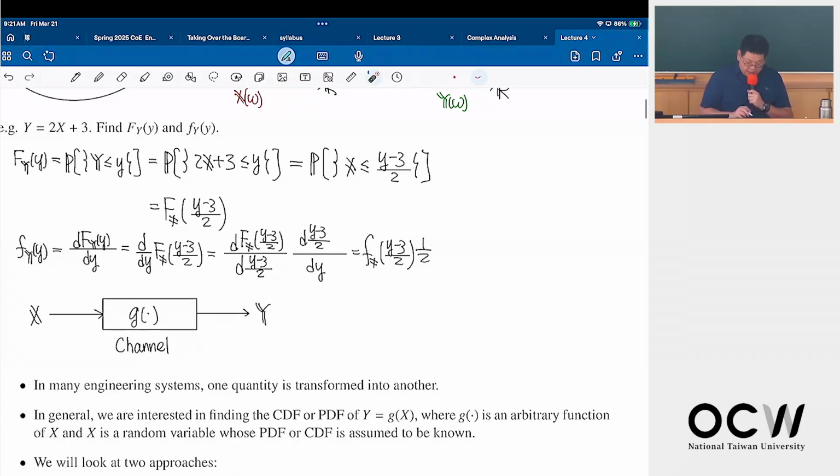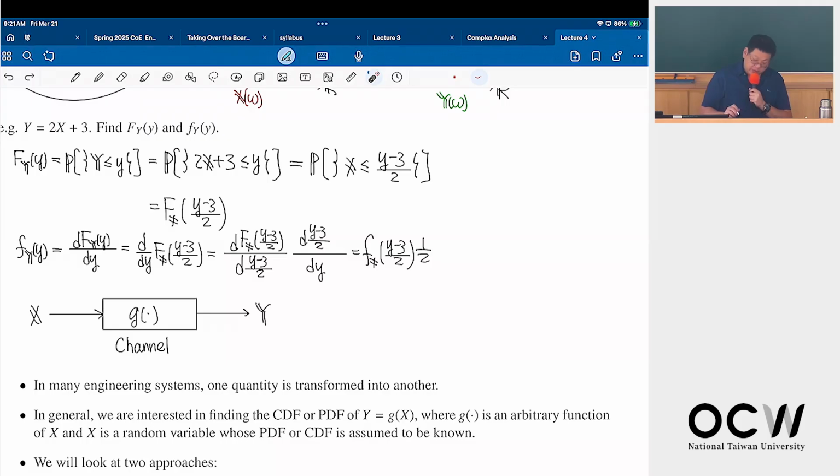And in general, we are interested in finding the CDF and PDF of the random variable y. The g function is an arbitrary function of x, and also x is a random variable. When x is a random variable, then we have the PDF and CDF.